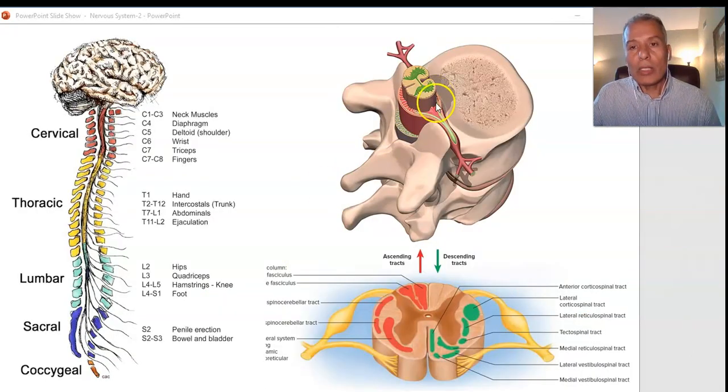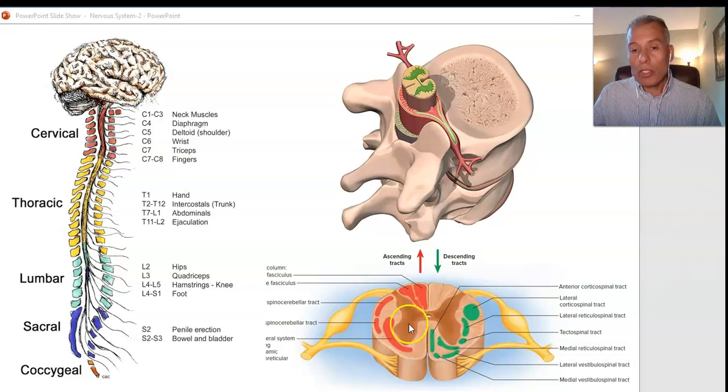So here is a cross section of the spinal cord. The spinal cord has a right side and a left side, just like the brain. However, the distribution of the white matter and gray matter is different.